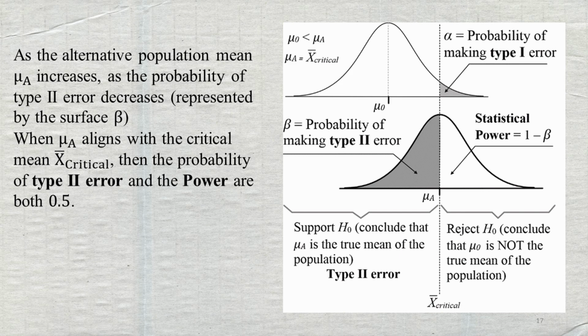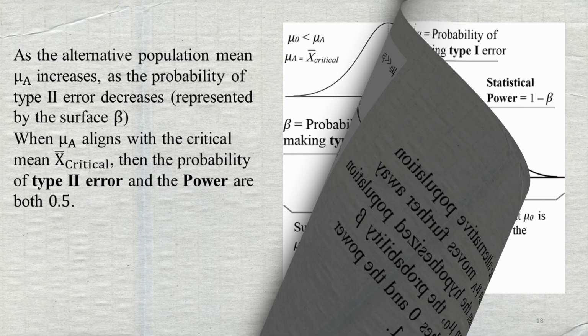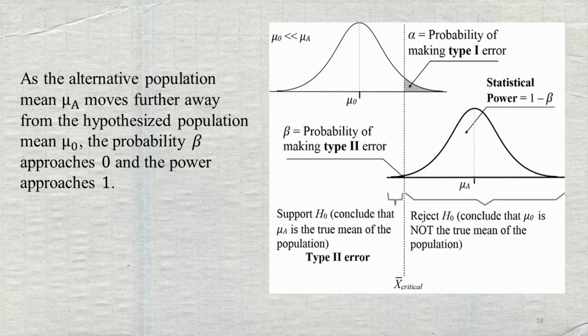When mu A aligns with the critical mean x bar critical, then the probability of type 2 error and the power are both 0.5. Additionally, as the alternative population mean, mu A, moves further away from the hypothesized population mean, mu 0, the probability beta approaches 0 and the power approaches 1. This is illustrated in the following figure.